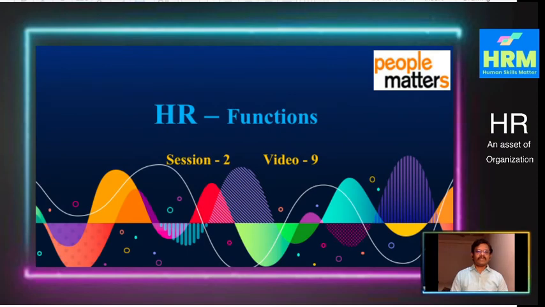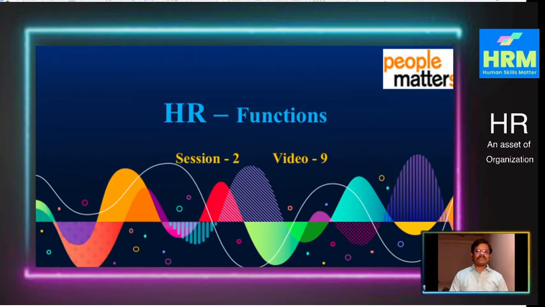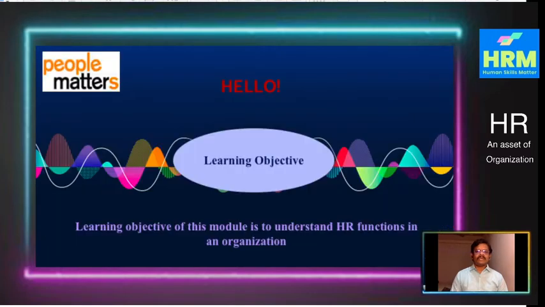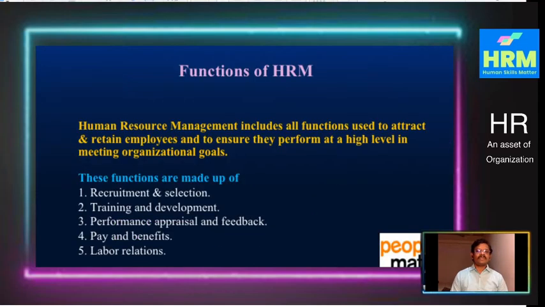So this module is to discuss human resource management functions, and the learning objective of this module is to understand human resource management functions in an organizational setup. The human resource management functions are related to attracting and retaining employees and ensuring they perform at all levels in the organization to meet the goals and objectives of the organization.